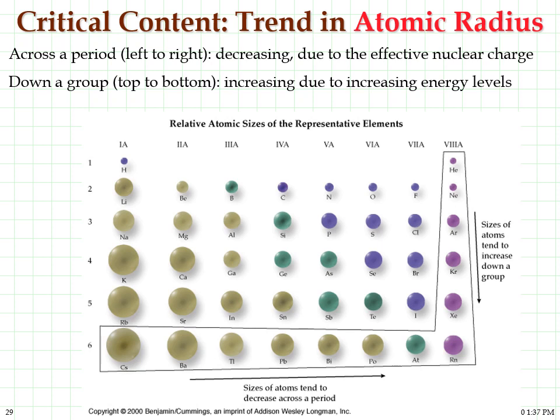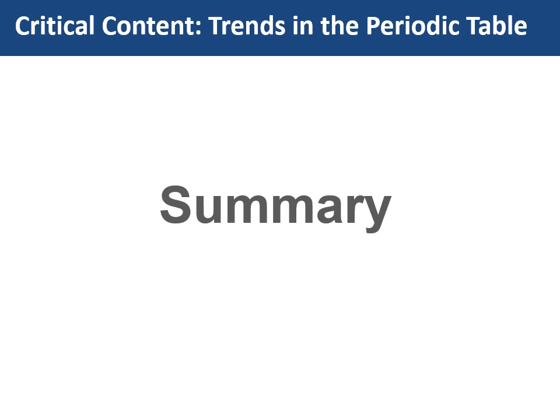So, across a period, from left side going to the right side, decreasing due to effective nuclear charge for atomic radius. And from down a group, from top to bottom, it has increasing atomic radius due to increasing energy level. So class, meron ba kayong katanungan sa ating mga lesson? So kung wala na, let us wrap things up.